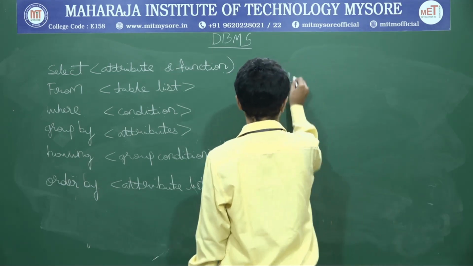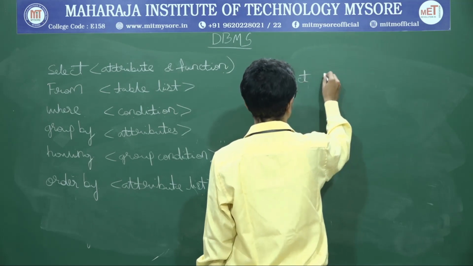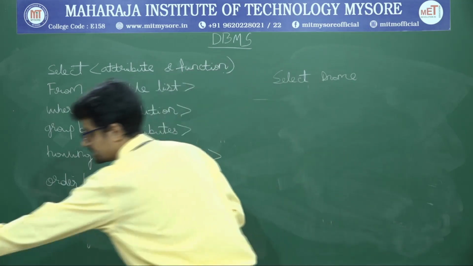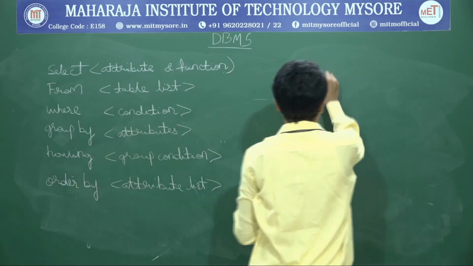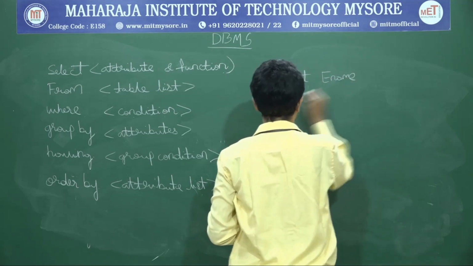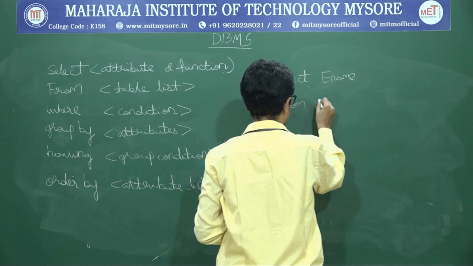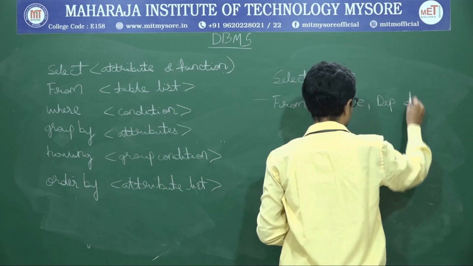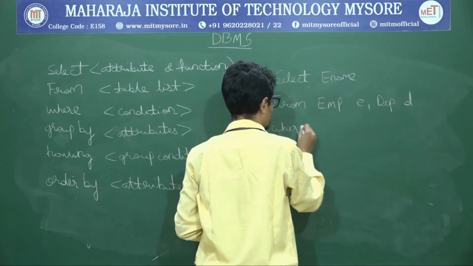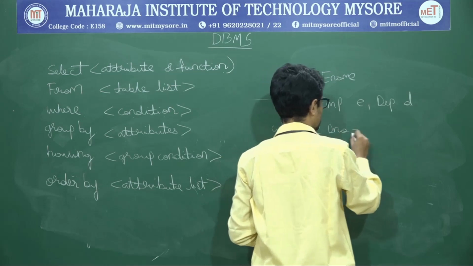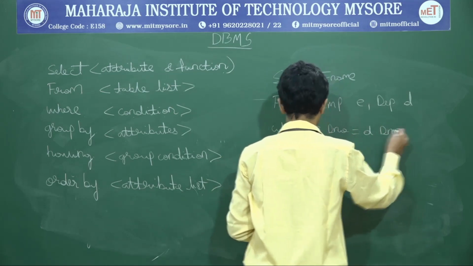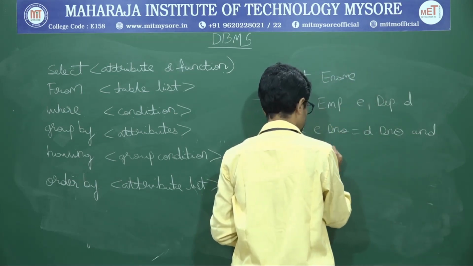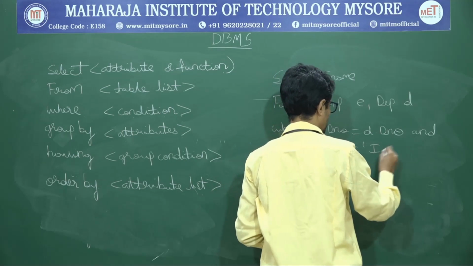So select the D name, sorry, I want the employee names, E name from EMP E, department D, where E dot department number equals D dot department number and D name equal to, say, let me say IS.